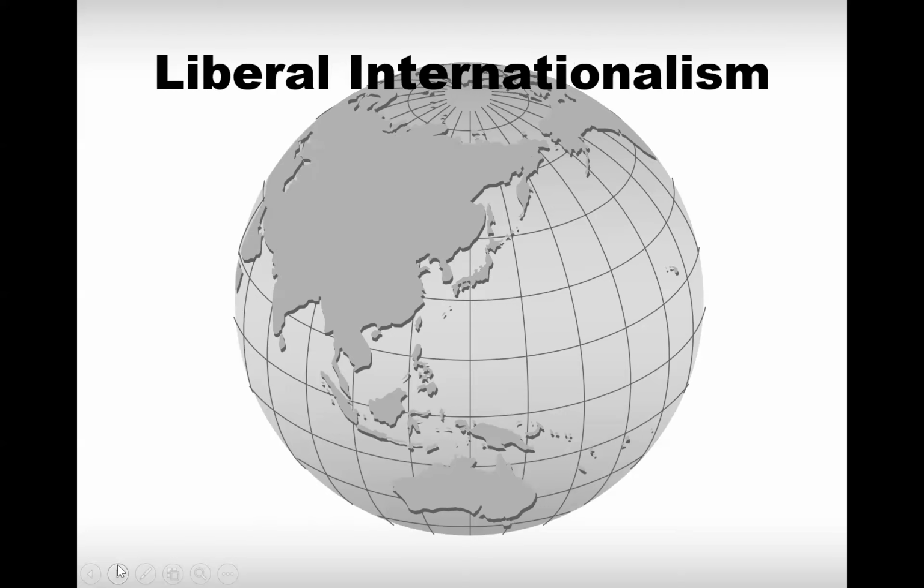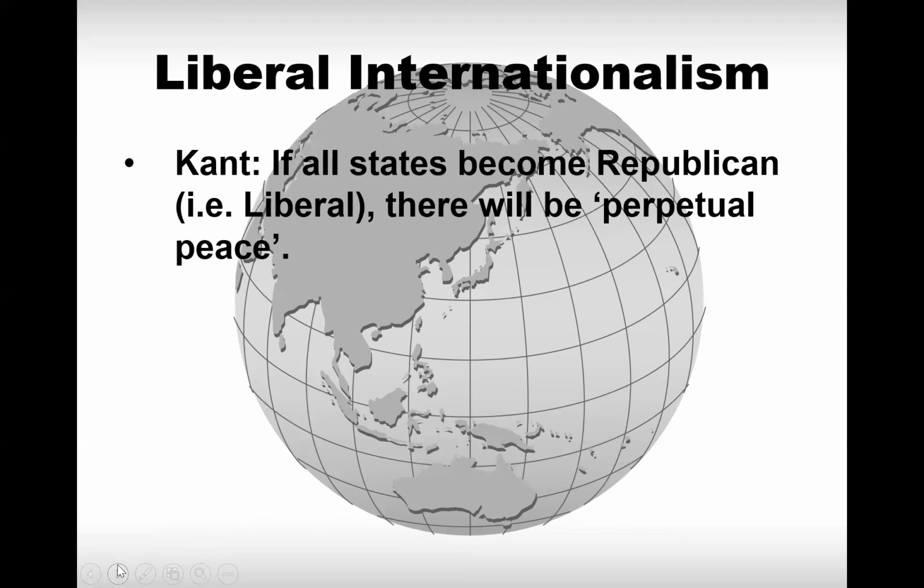Okay, let us look at liberal internationalism first. So the liberal internationalist response to the question of how to live in a world in which liberalism is not accepted as a universal value would be quite simple. We should make illiberal states liberal states.